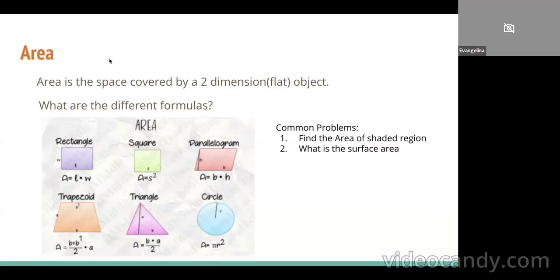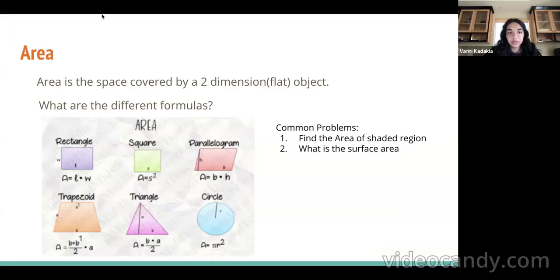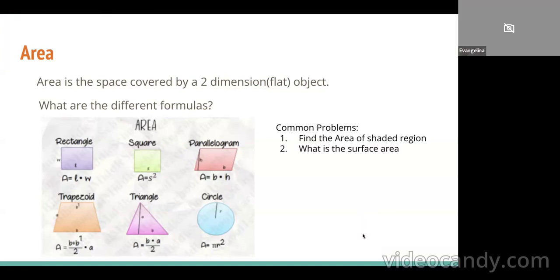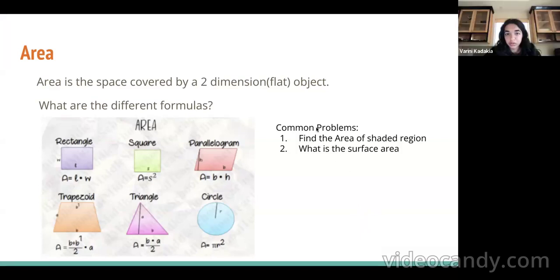Is this better? Can you hear me better now? Were you guys able to copy down the formulas?